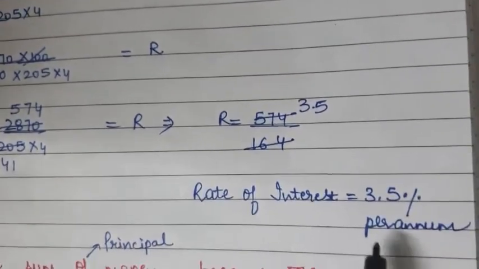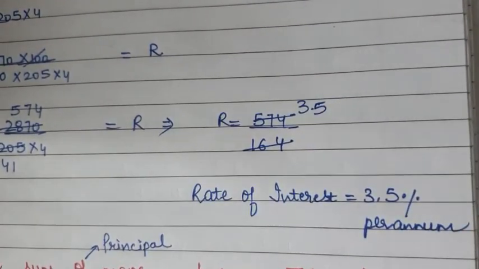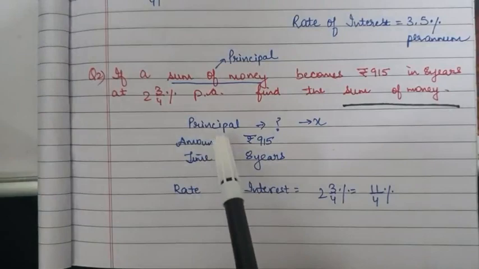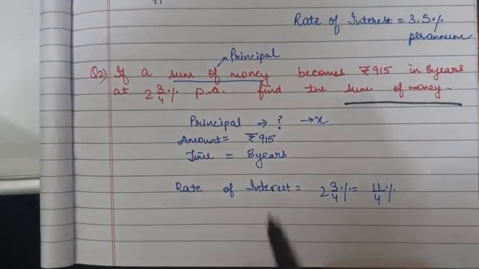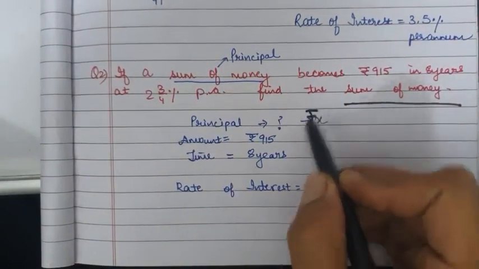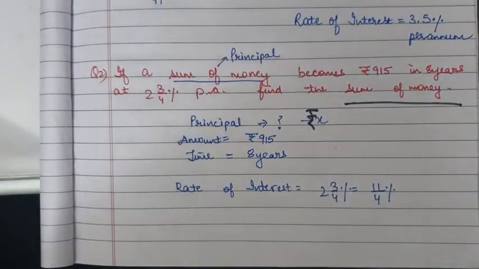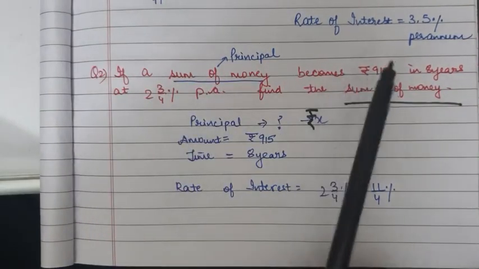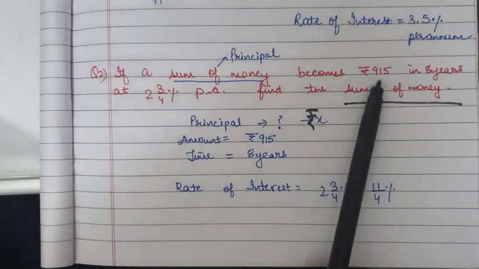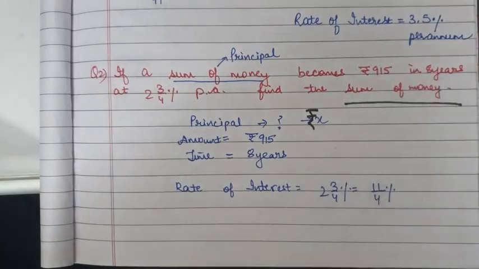3.5% per annum. Clear? So let us take principal is equal to rupees X because we have to find the principal. Now it is given that the principal becomes 915 rupees in 8 years.